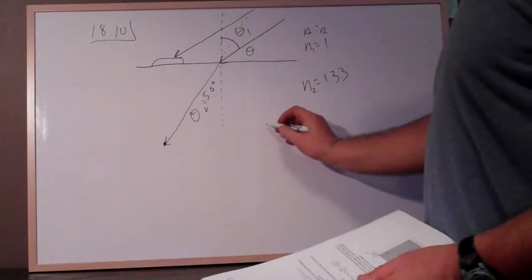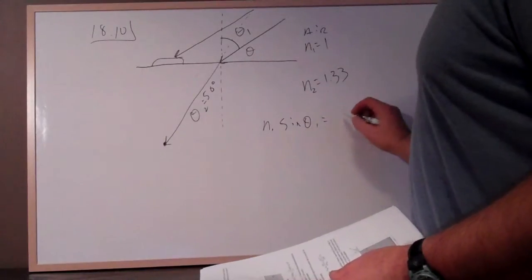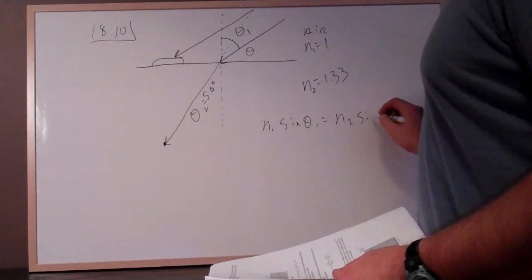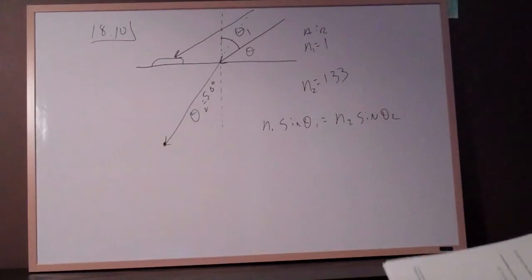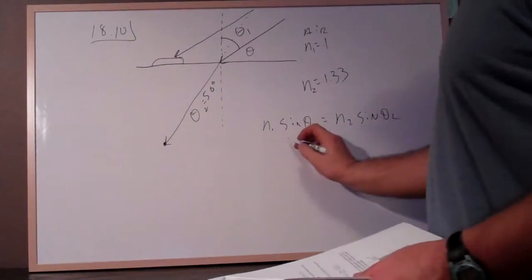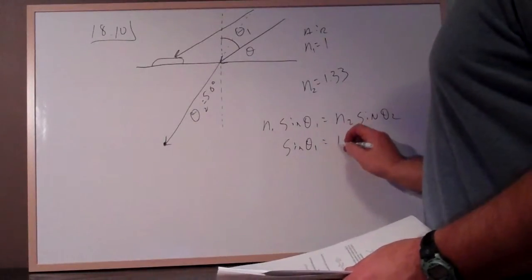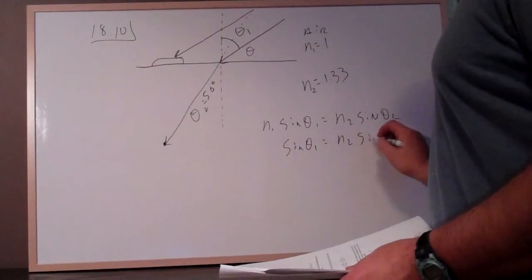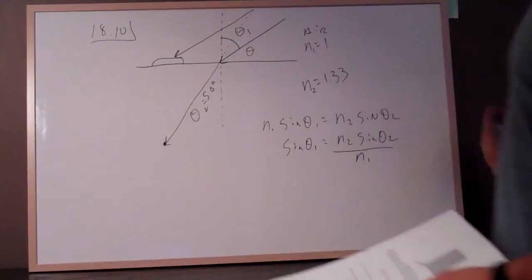Okay, so N1 sine of theta 1 is N2 times the sine of theta 2. And we're trying to find theta 1, so some algebra. Sine of theta 1 is N2 sine of theta 2, then divided by N1, which is just 1.